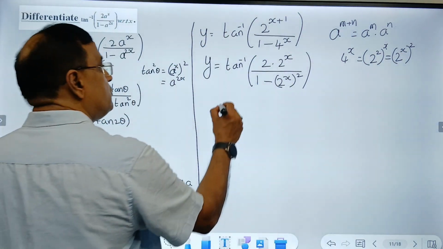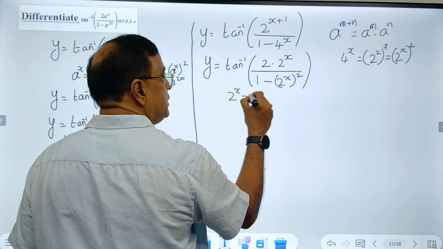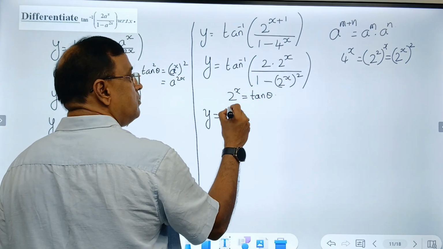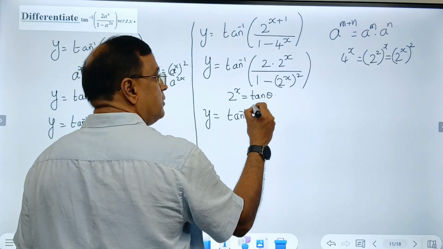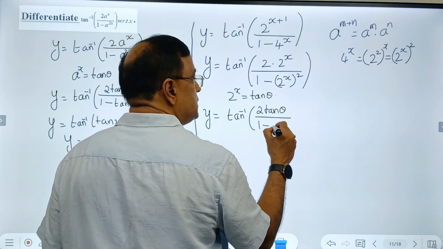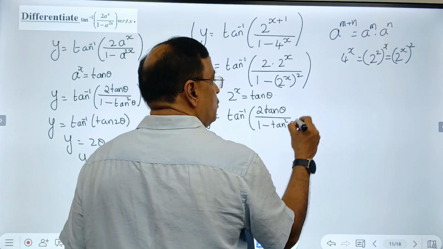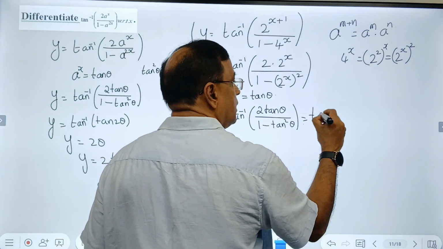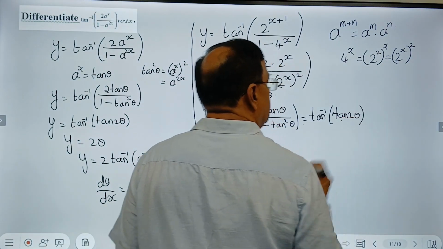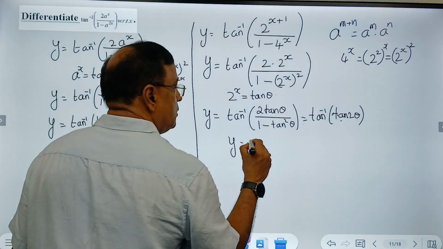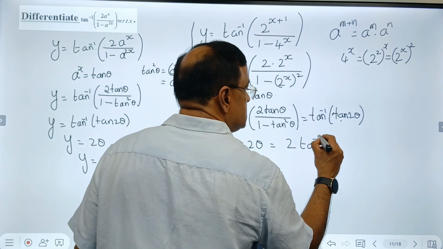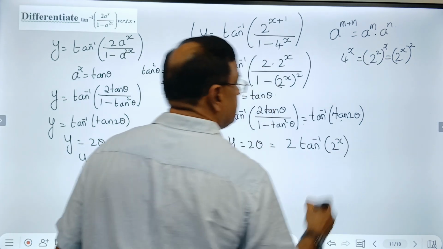Now what do you do? As usual, you put 2 power x as tan theta. So I will get y equal to tan inverse of 2 tan theta divided by 1 minus tan square theta, which happens to be tan 2 theta. What is tan inverse of tan 2 theta? 2 theta, which is 2 into tan inverse of 2 power x.